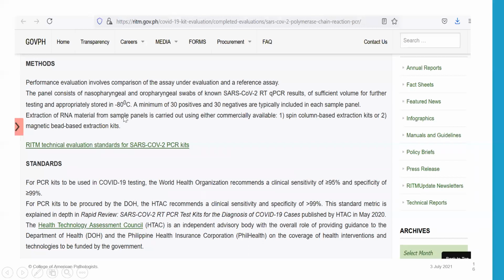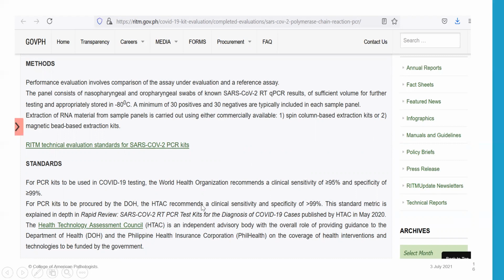So they have a minimum of 30 positives and 30 negatives, and also there is a standard extraction procedure that is associated with this qPCR-based platform.